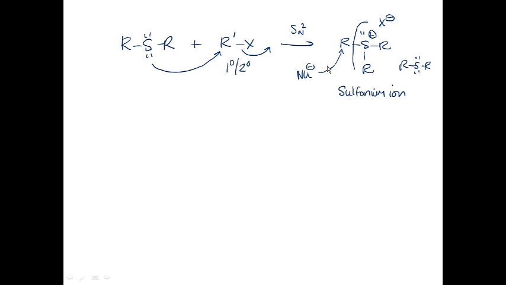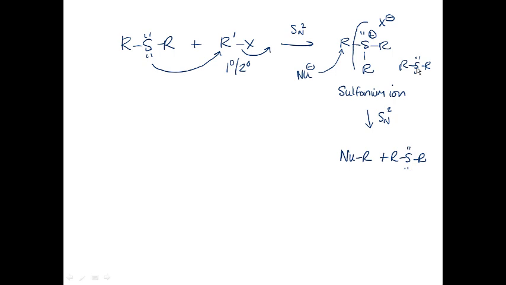part of them as leaving groups, and then that allows one of the alkyl groups to be attacked and undergo an SN2 mechanism to give you one of the alkyl groups being attached now to the nucleophile, and then the other as just a very good leaving group.